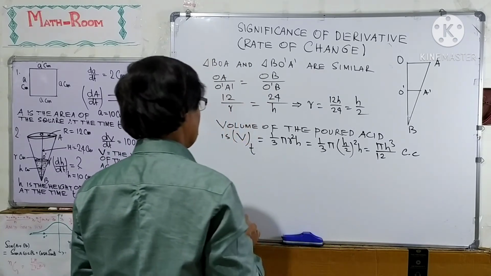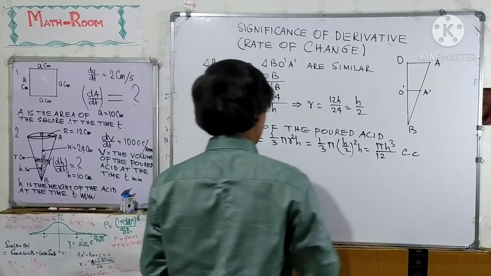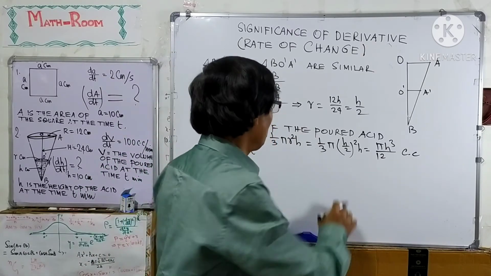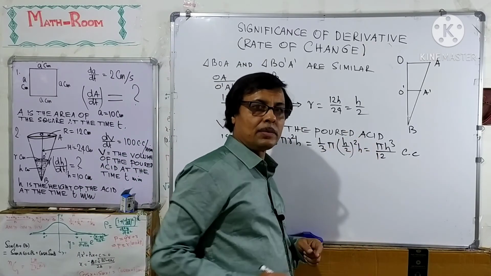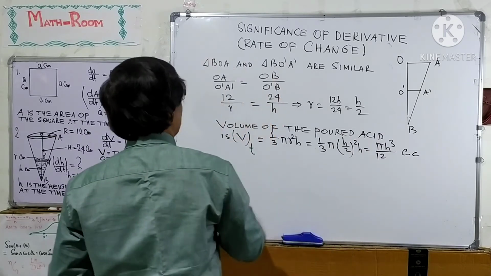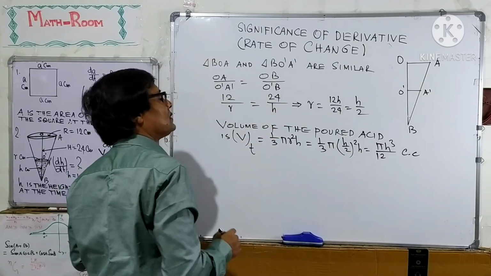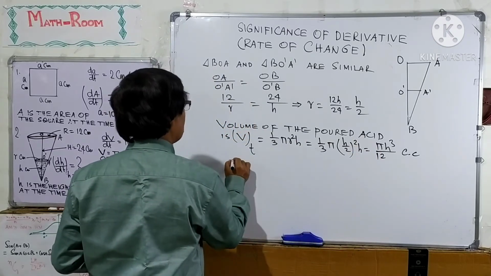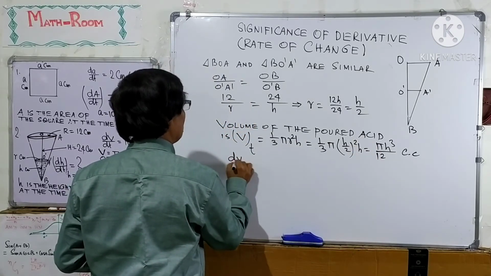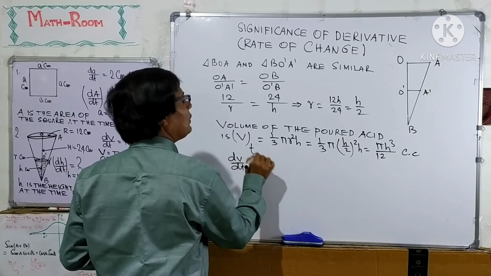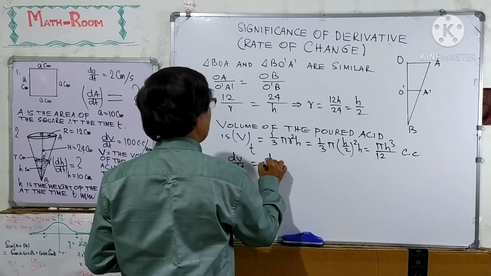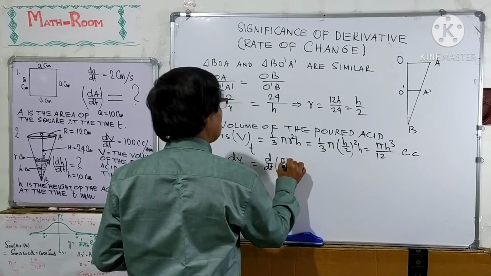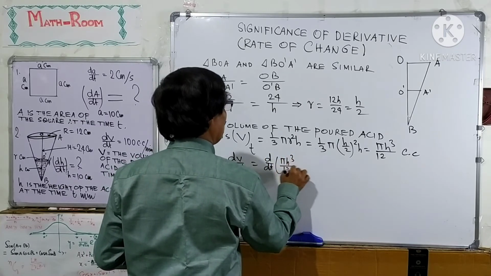This is the volume of the poured acid at time t. So, we can differentiate on both sides with respect to t, that is dV/dt equal to d/dt of pi h cube over 12.